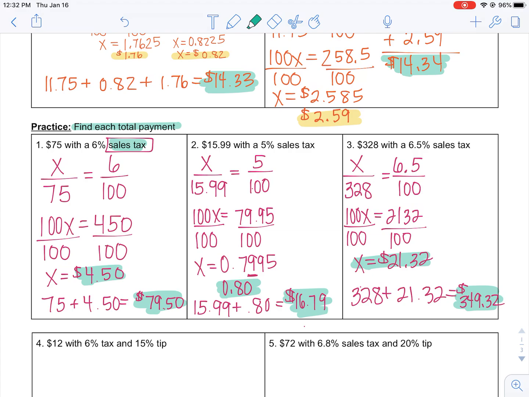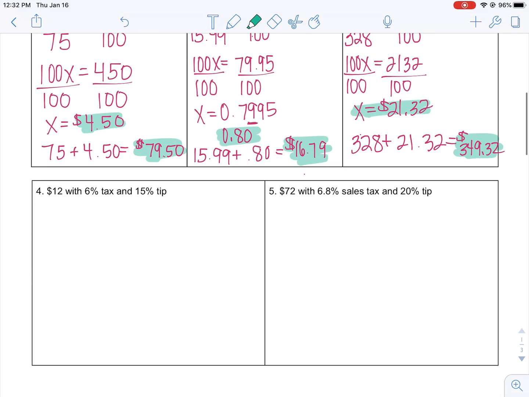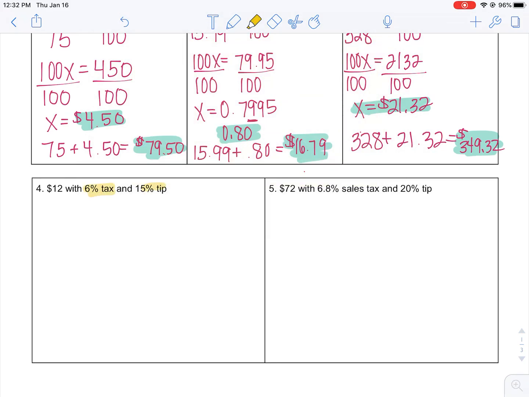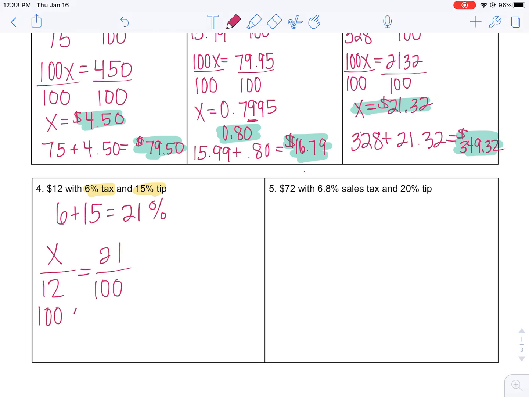Now we're going to go back to figuring out tax and tip. Your choice, but I am going to put them together. So I am going to take my 6% and my 15% and add them up to get 21%. So I have my part over my whole equals 21 over 100. This is going to get me both of my percentages all in one calculation.